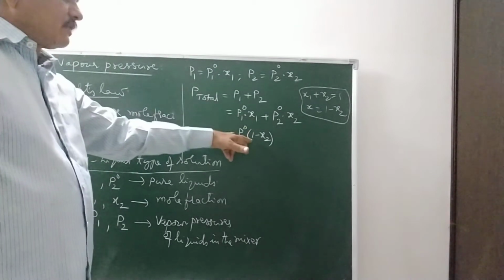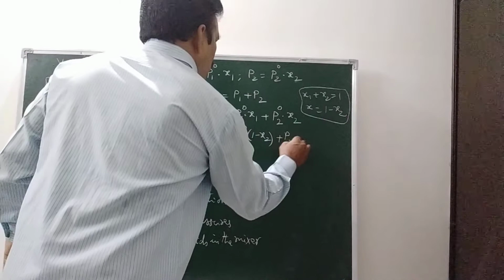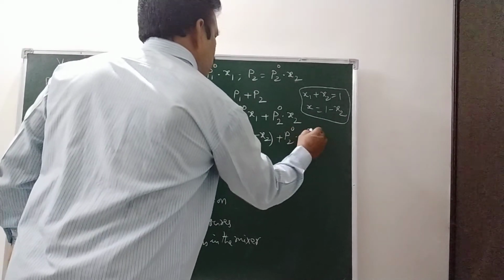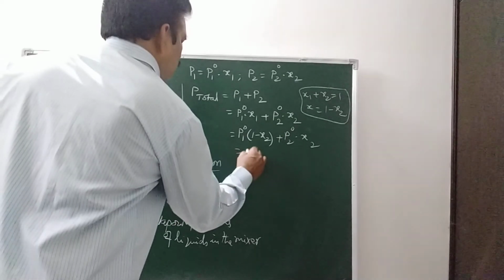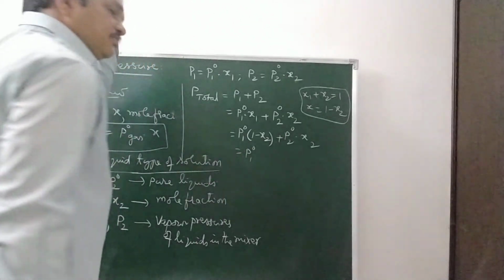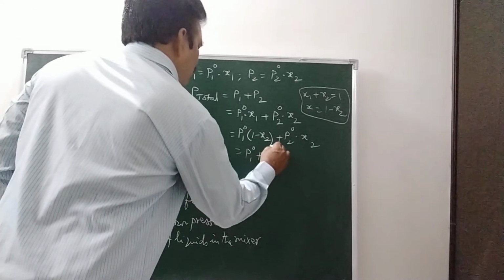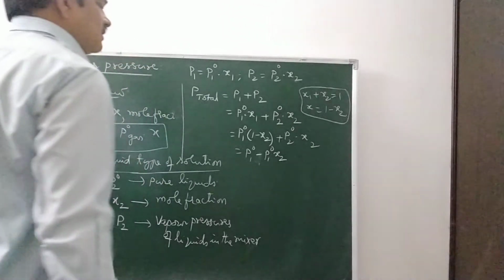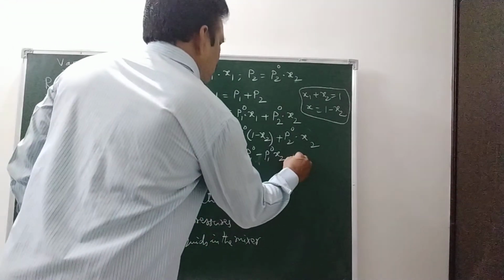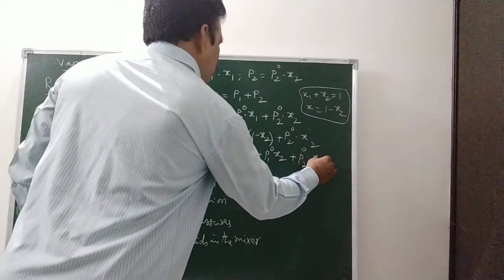So, in the place of x1, we are taking 1 minus x2, plus P2 naught into x2. That is equal to P1 naught plus P1 naught x2 minus P1 naught x2 plus P2 naught into x2.